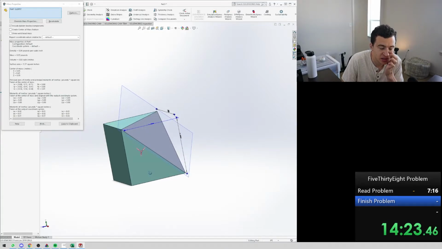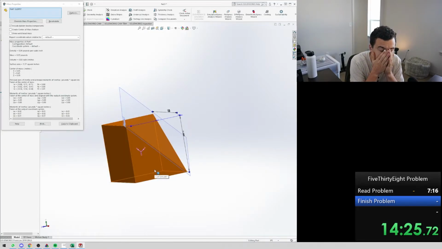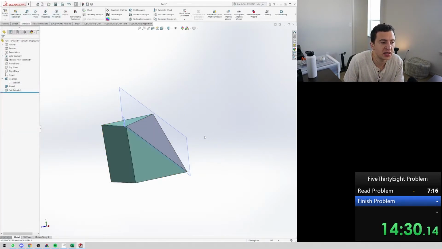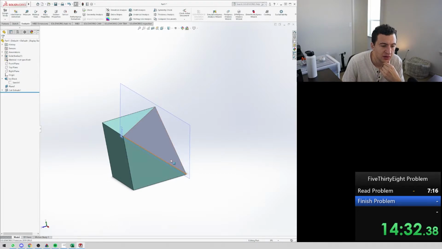The reason is, okay, let's think this out. What are the best things, in general, surface area to volume wise? I think it's a sphere.